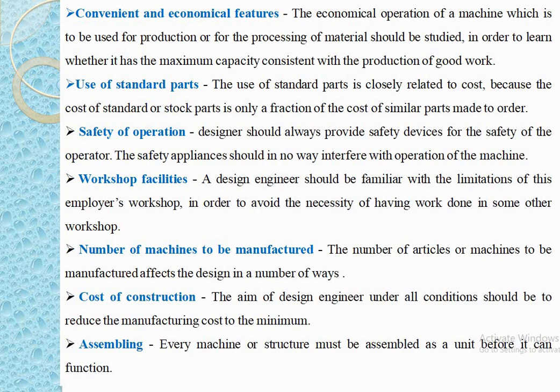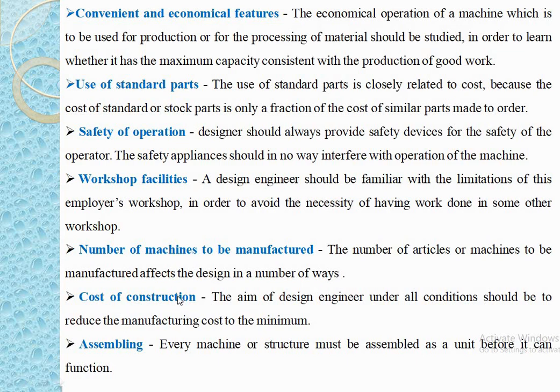Now, the aim of the design engineer in all conditions should be to reduce the manufacturing cost to the minimum, because that will add to the profit of the organization. That's why as engineers we all should aim to reduce the manufacturing cost to the minimum.